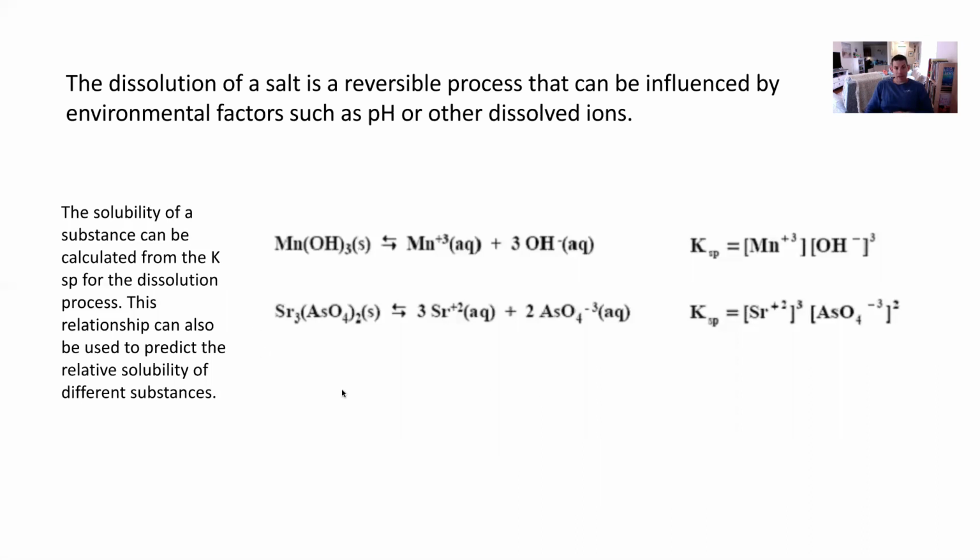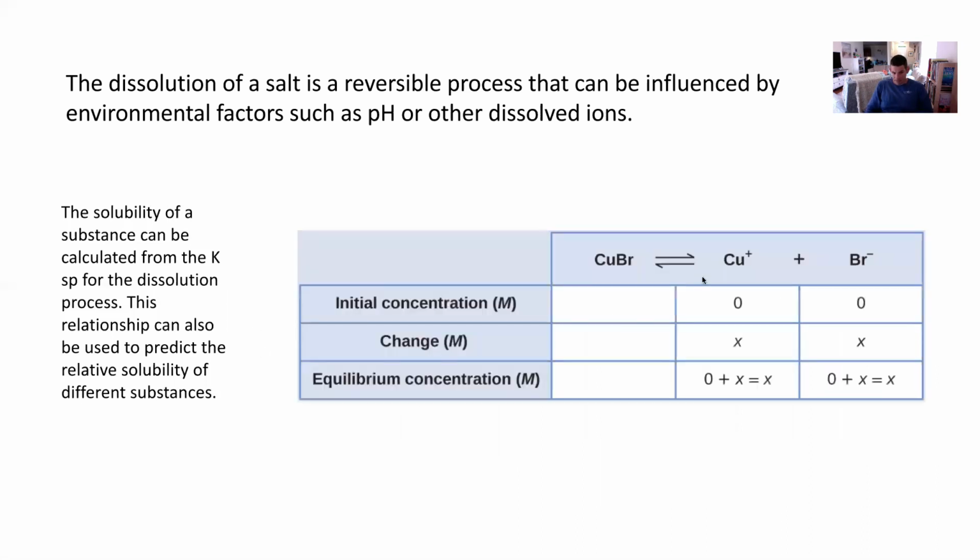Now, solubility can be calculated from the Ksp. We still would make an ICE table for these reactions. For a reaction like CuBr, copper(I) bromide, we're making one of each, so it would just be x and x.